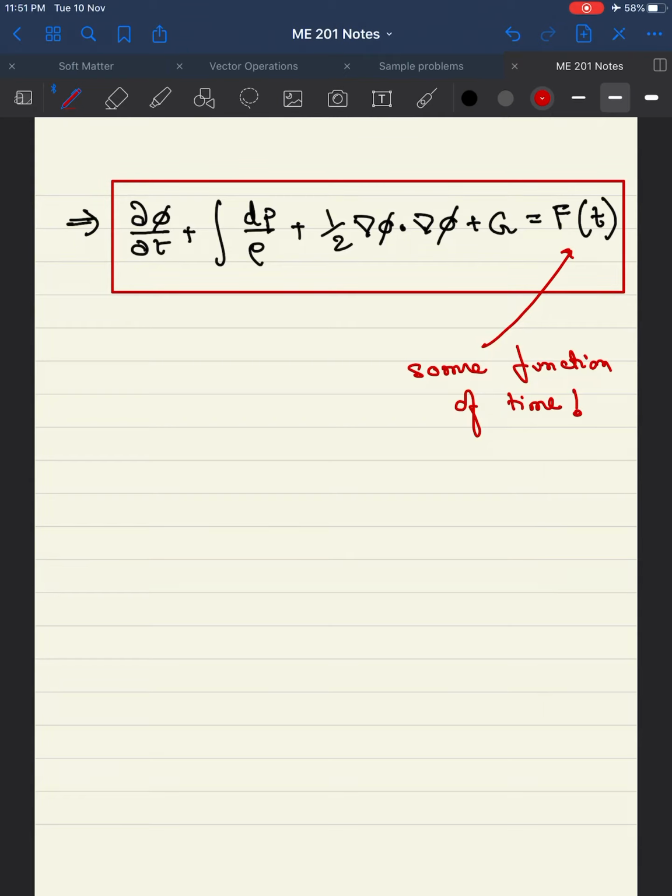Okay, so this is the alternative form of Bernoulli's equation for irrotational flow of an inviscid fluid in a conservative force field.